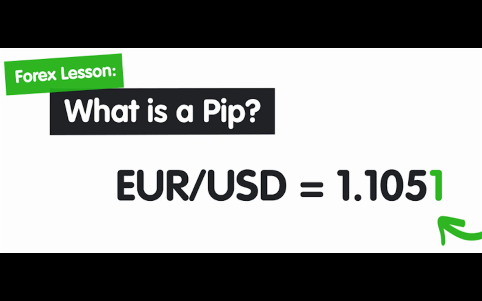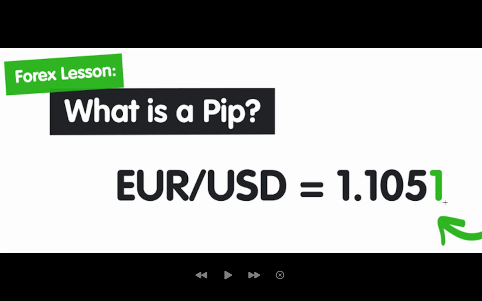To calculate your pip, the fourth decimal place in your currency pair is called a pip, just like this one that is here.